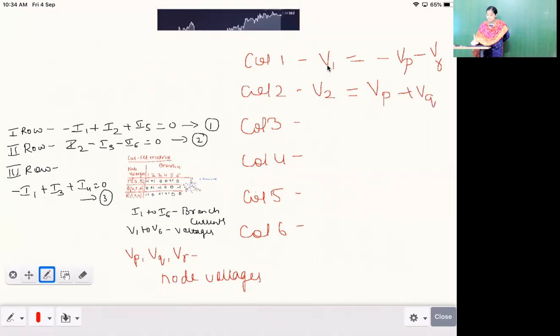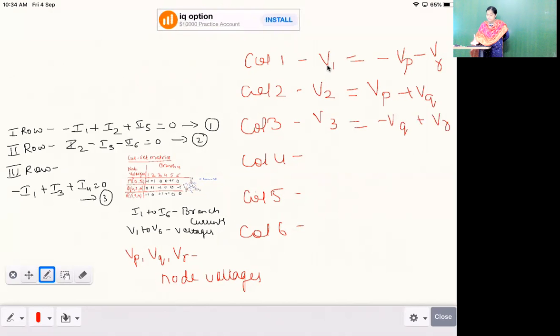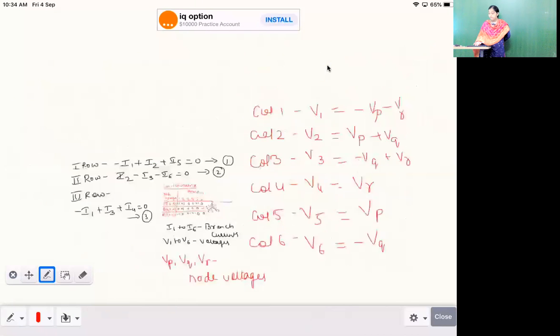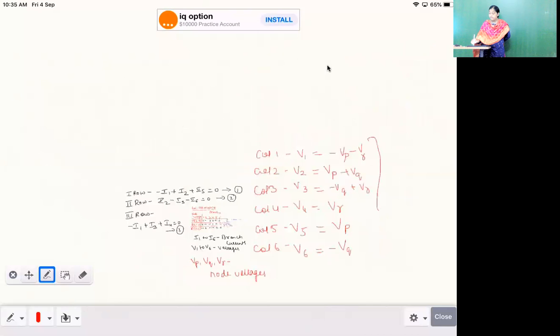Similarly, V3 = -VQ + VR. V4 = VR. V5 = VP. V6 = -VQ. These are the relationships between branch voltages and node voltages. Let us name these equation number 4.